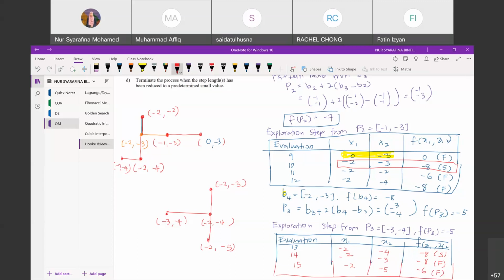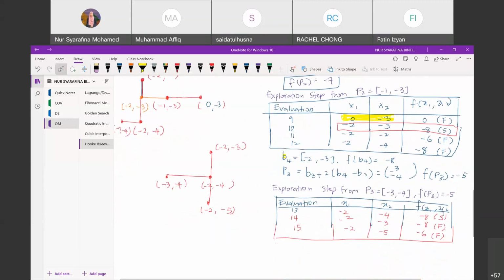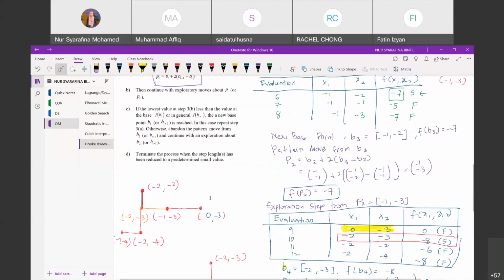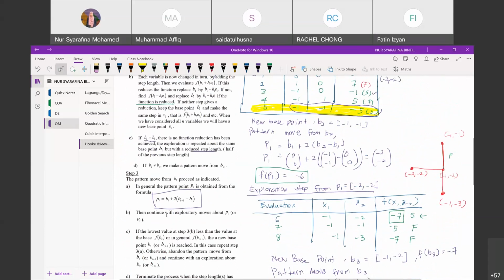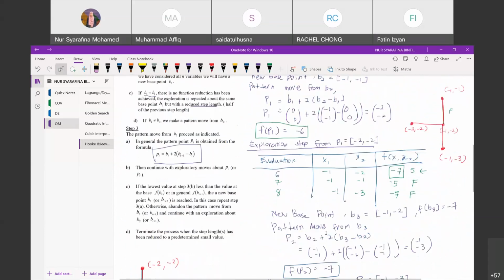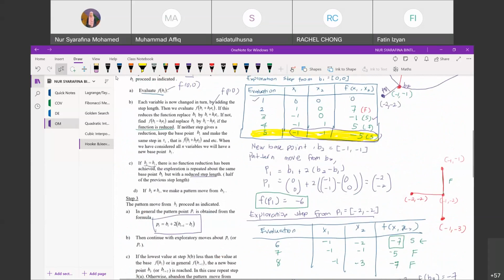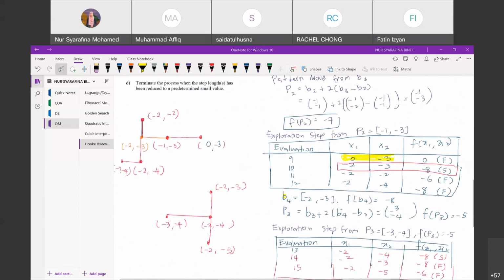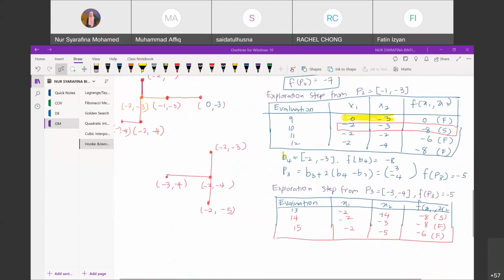Now this value -8 is same with FB4. Right? Okay. Yes, it is success. All right. But look at this one. Of course, our new base here, success -2 -4, is not equal to -2 and -3.